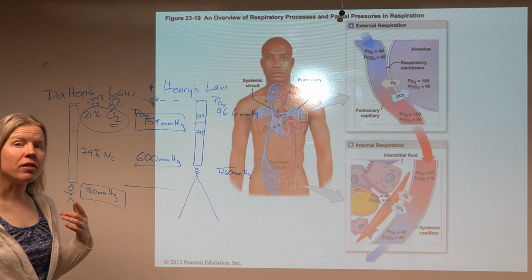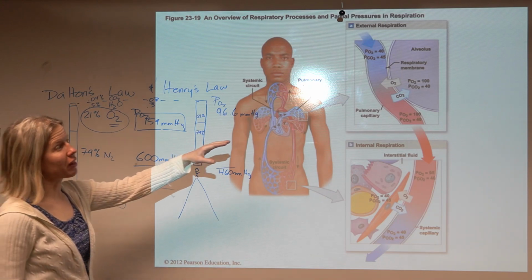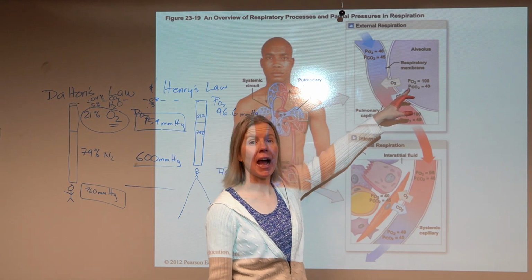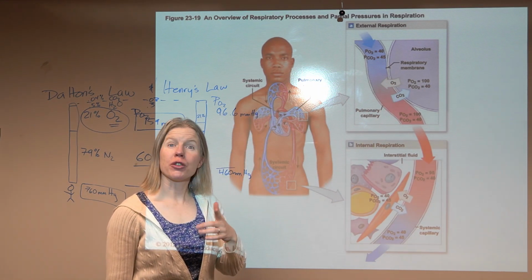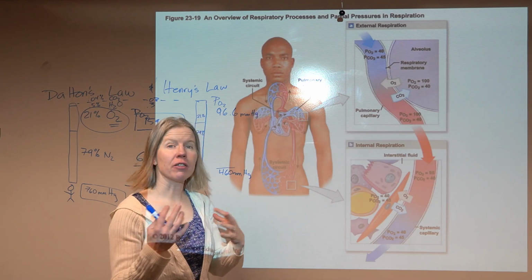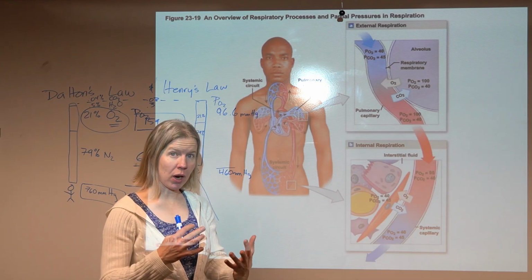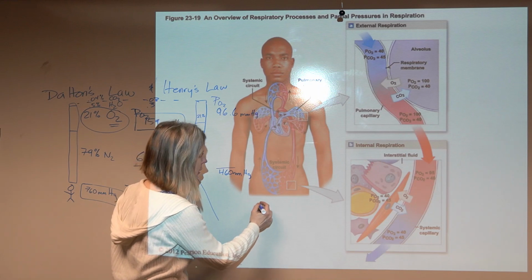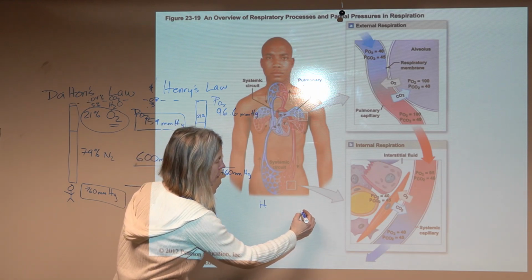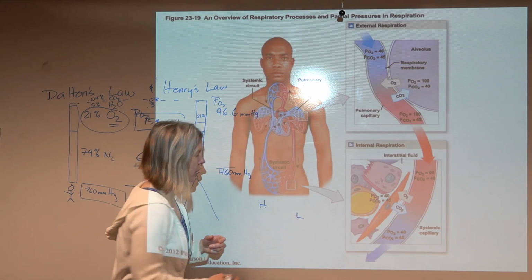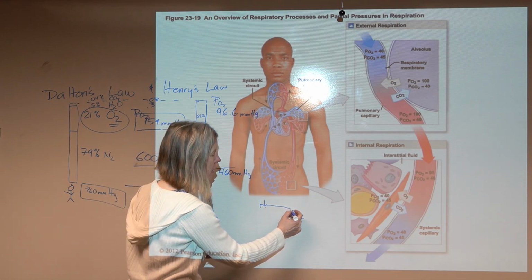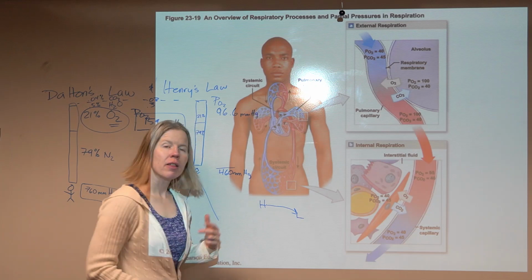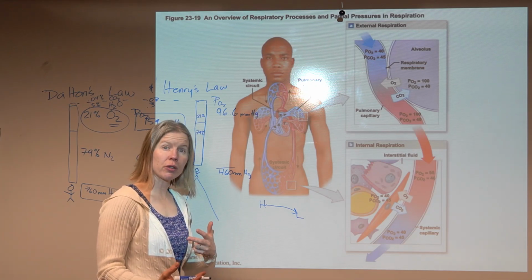Okay. Now, this becomes important because when we think about the diffusion of gas from the alveoli into the blood, or vice versa, remember diffusion, we're always going from an area of high concentration to low concentration. But if your area of high concentration and low concentration aren't that different, the gas will move, but it's pretty slow.